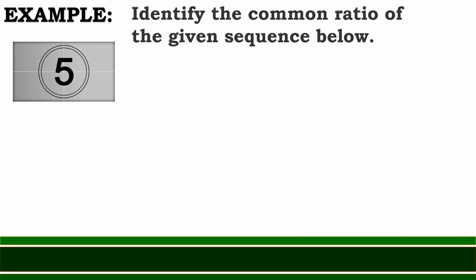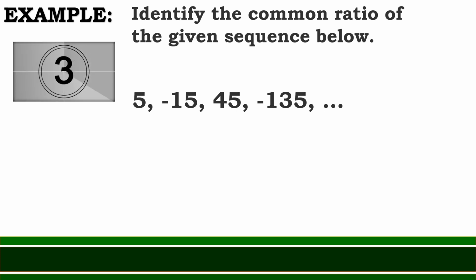Identify the common ratio of the given sequence below. The sequence are 5, negative 15, positive 45, and negative 135. So try to think. Okay, so try ulit natin i-divide yung succeeding term sa kanyang previous term.